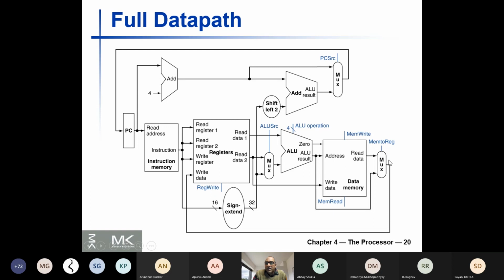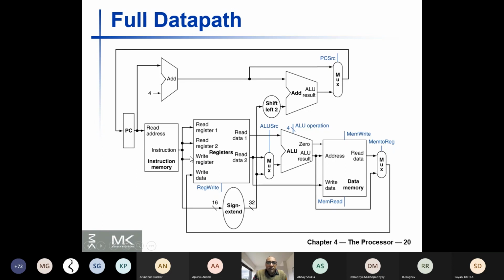Because when you're writing data into the register file, along with the data, you also need to specify the address where the content has to be written into the register file. And this address is not unique. This address will be varying. In case of R format instructions, the address of the register to be written will be different, and in case of load instructions, the address to be written will be different.